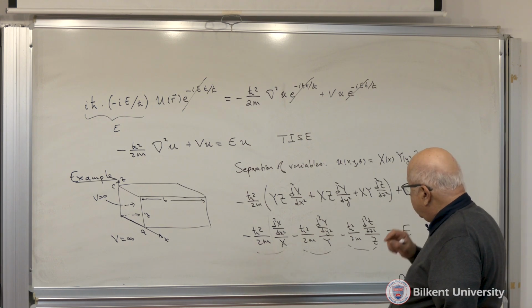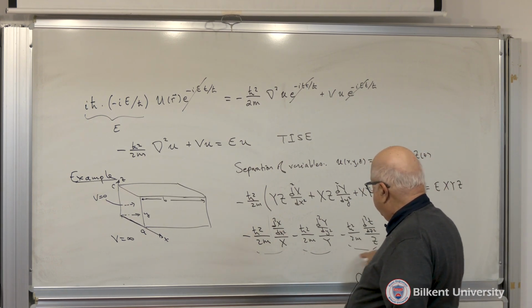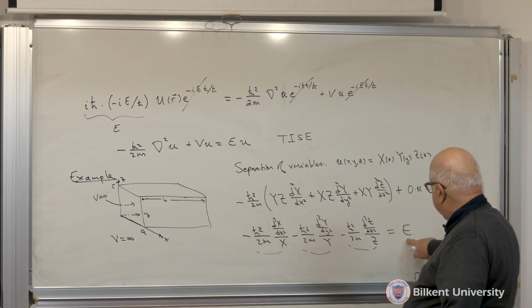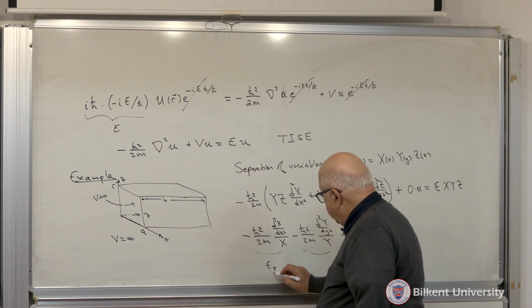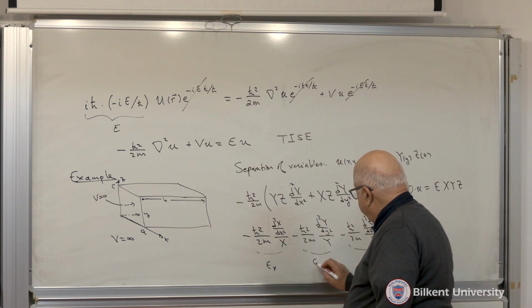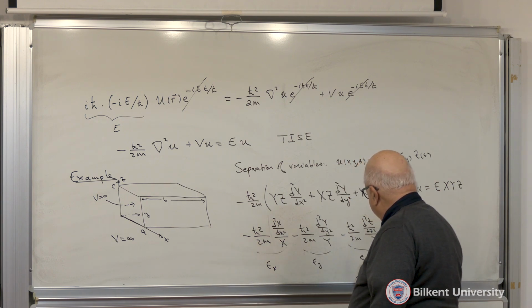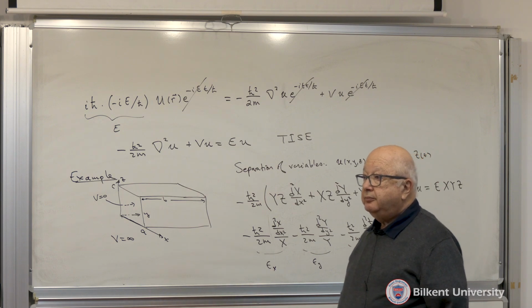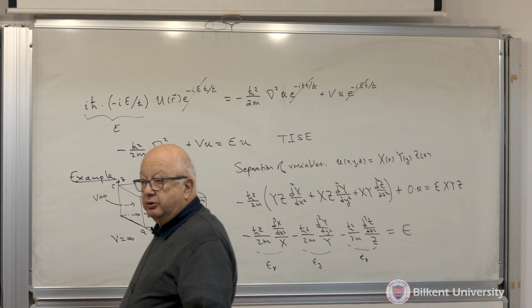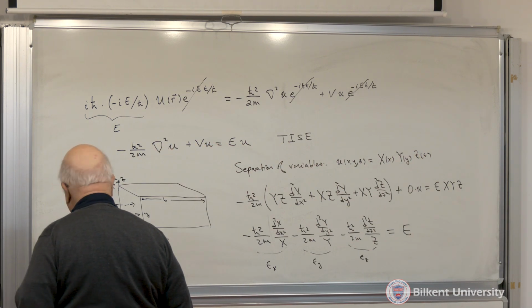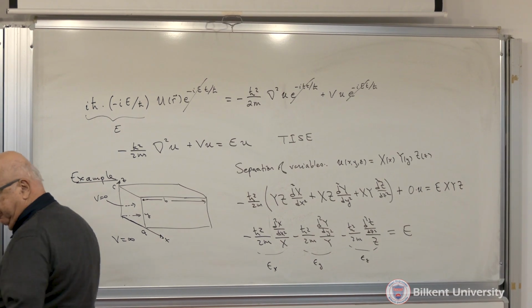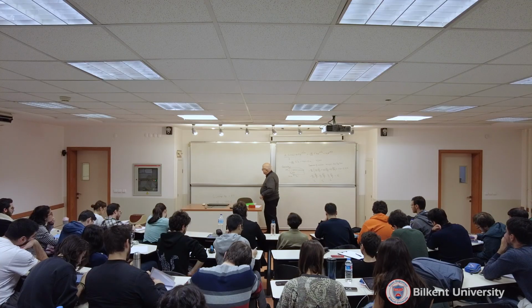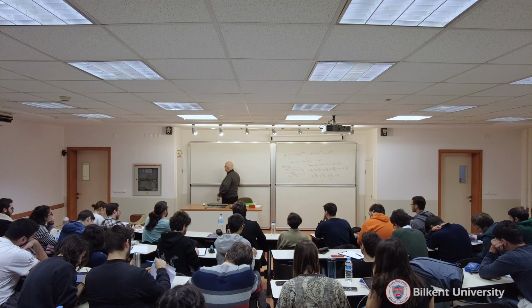So since these constants must have units of E, I'll call this thing E sub x, this one E sub y, and this one E sub z. So I have now 3 equations which look very similar, and they look something like this.